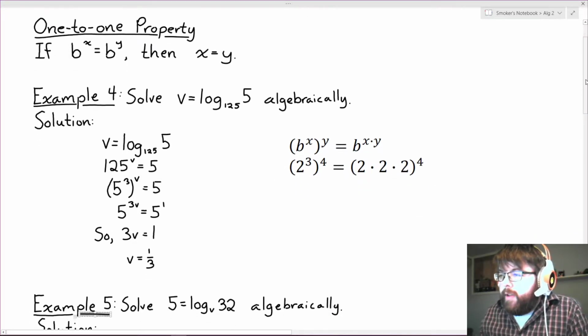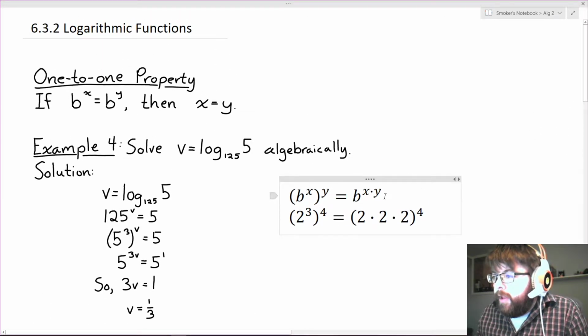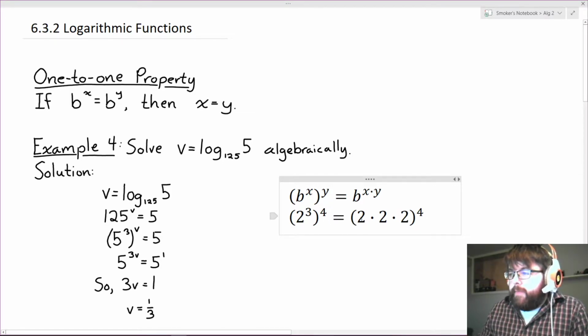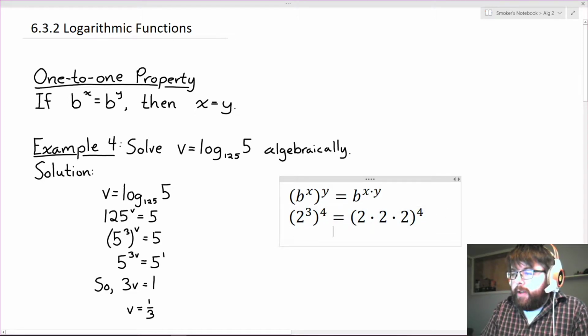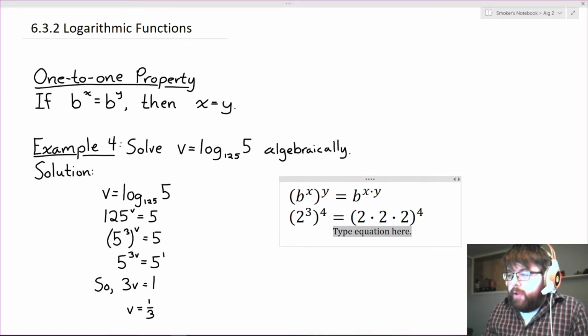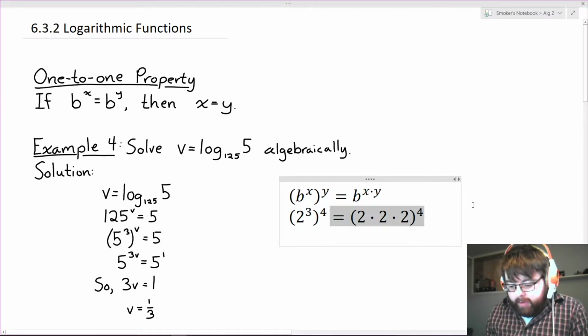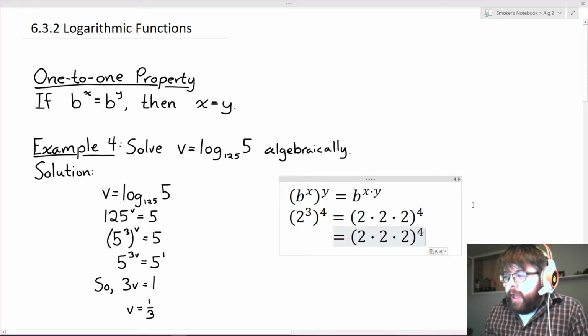So what I did was I rewrote 2 to the third power as what that means, 2 times 2 times 2, 3 times, okay? And then I'm going to take that, 2 times 2 times 2, actually I'm going to copy and paste this, and it's going to go off the screen.